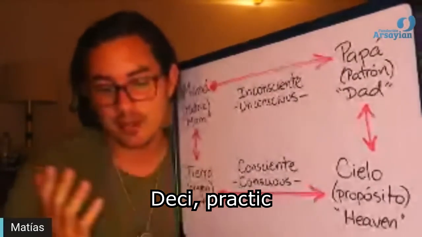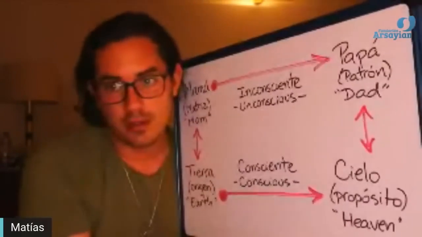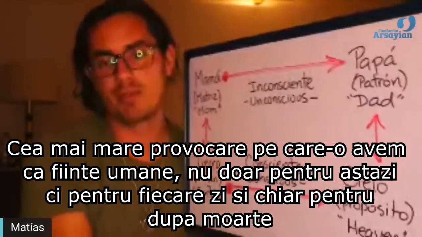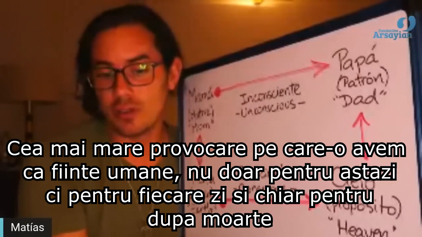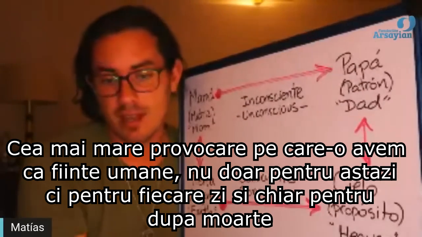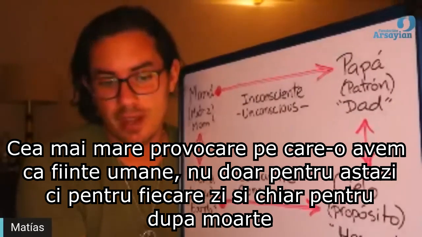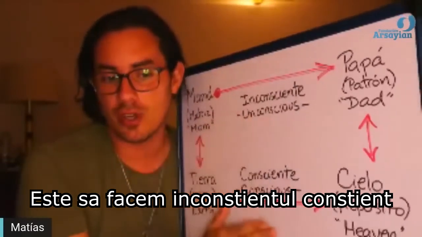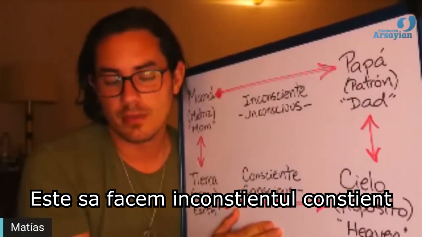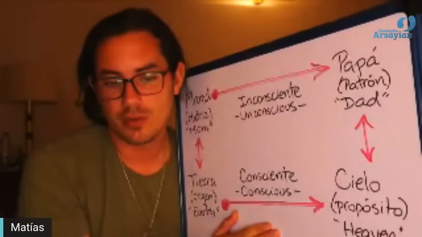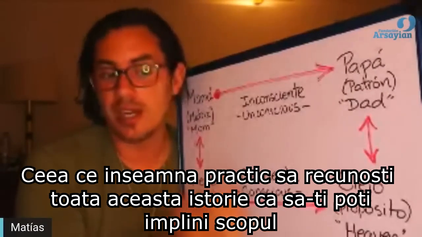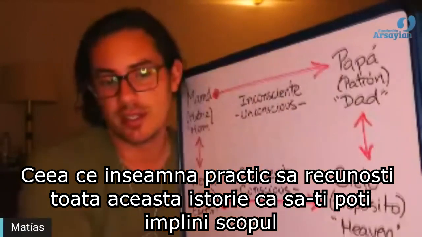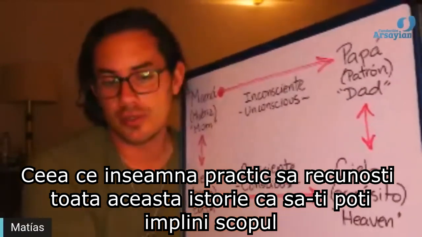So basically, the biggest challenge that we have as humans, not only for today, but for every day and even after death, is to make the unconscious into conscious, which basically is to recognize all this history so you can reach your purpose.